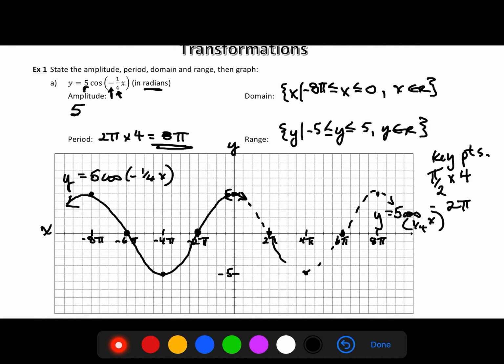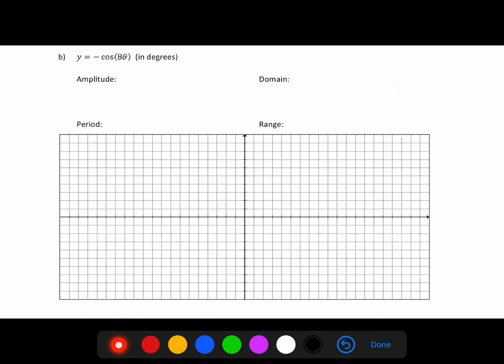Now, notice that when we do this, our reflection around the y-axis is the same graph because we started at the same point, that maximum on the y-axis, which meant our reflection reflected itself right onto the other side.